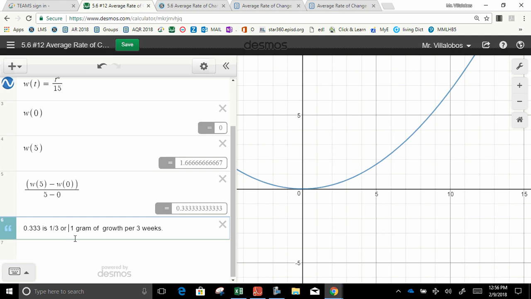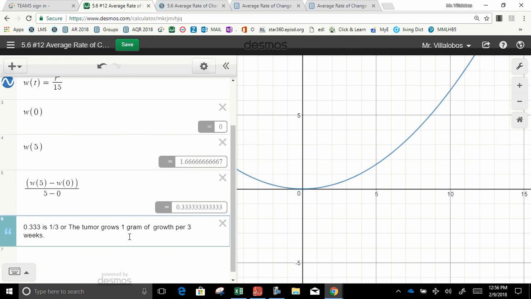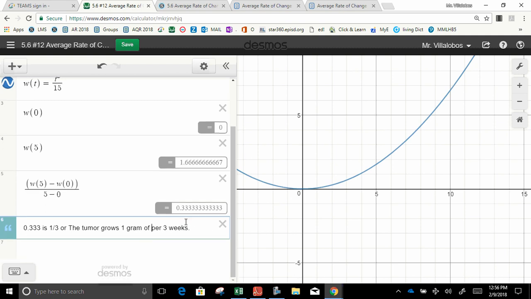The tumor grows 1 gram per 3 weeks time. Okay, so that is your average rate of change. It's growing 1 gram every 3 weeks under this model.